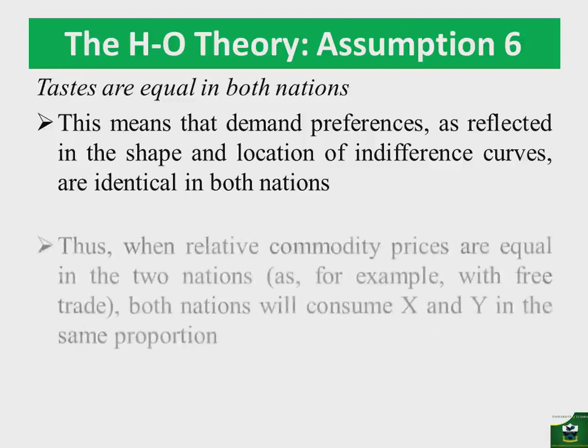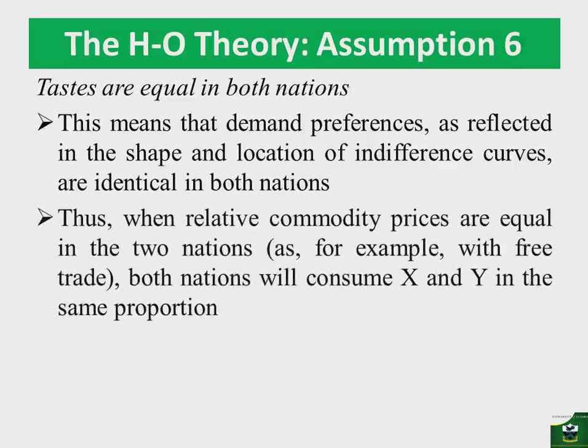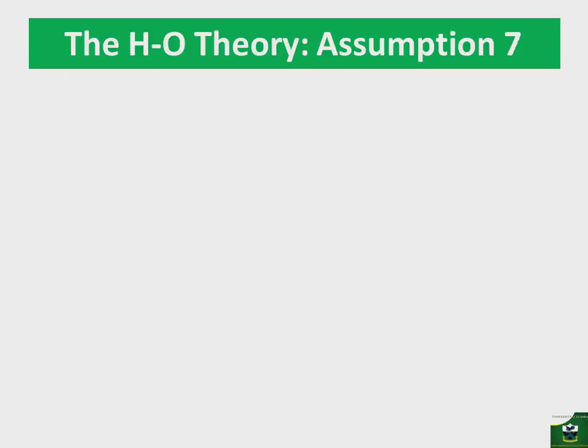So what we see then is that when relative commodity prices are equal in both nations, both nations will consume X and Y in the same proportion because their tastes are equal. So if prices are equal, then consumption patterns will follow suit.